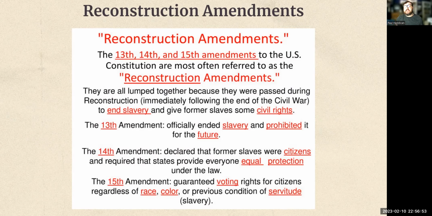And so Reconstruction is this time period that we call and label when people don't know what to do. Lincoln has a plan. Lincoln is president at this time. When he, of course, is assassinated, his vice president Andrew Johnson takes over. Johnson has a plan, and then outside of all of that, Congress has a plan.